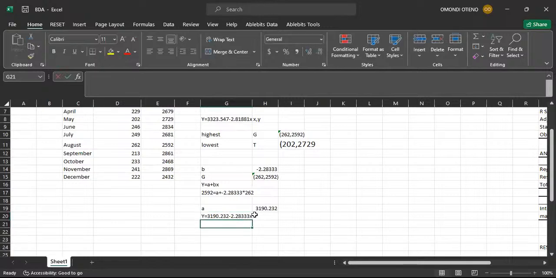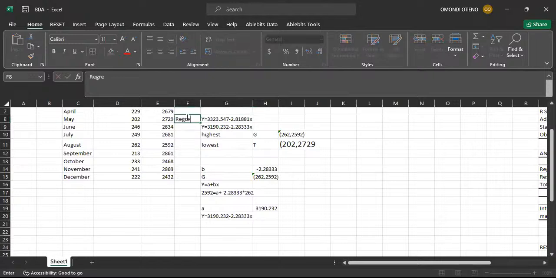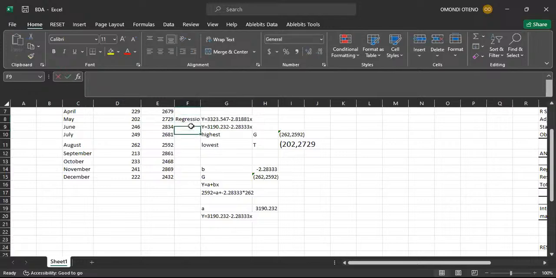That is our cost function. This is our cost function as per regression. This one here is as per the High-Low method.